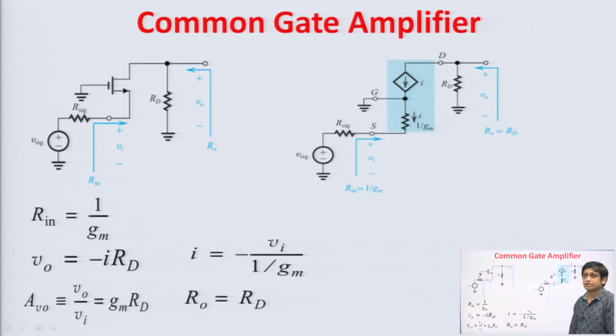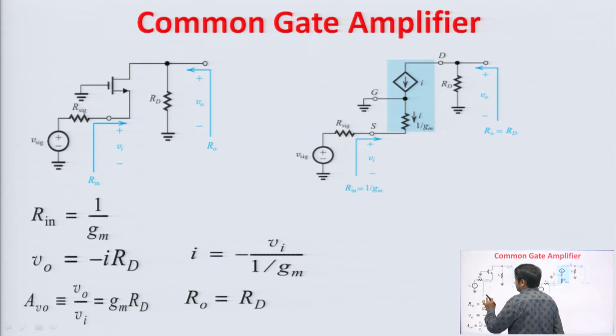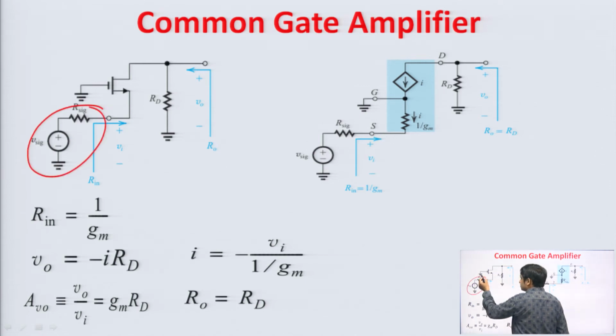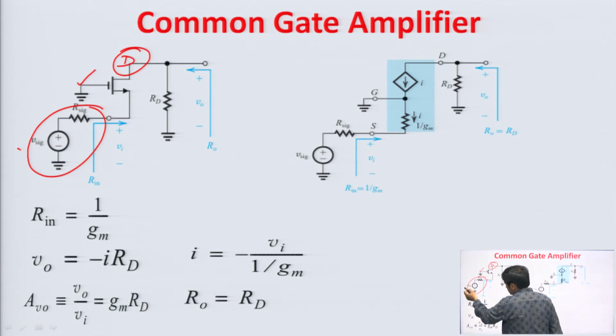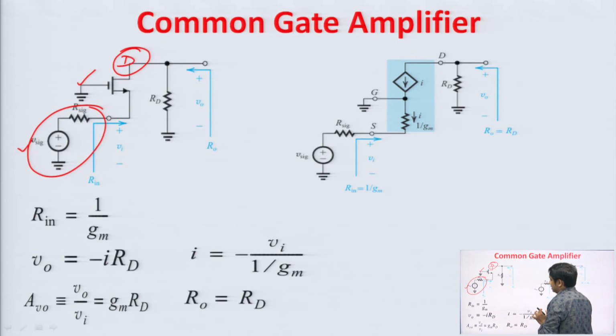Now, the next case is the common gate amplifier. In the common gate amplifier we apply the input at the source terminal, since the gate is common, grounded, and we take the output from the drain terminal. Vsig is the input signal source and Rsig is the internal resistance of the input signal source.